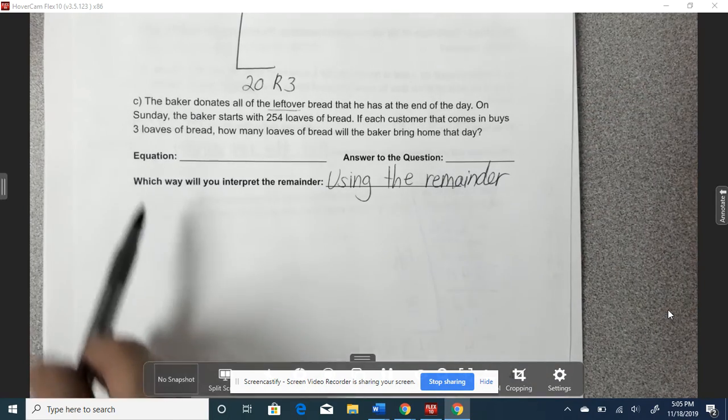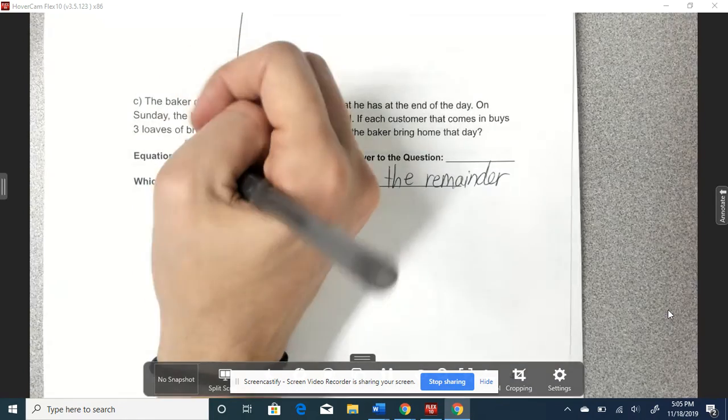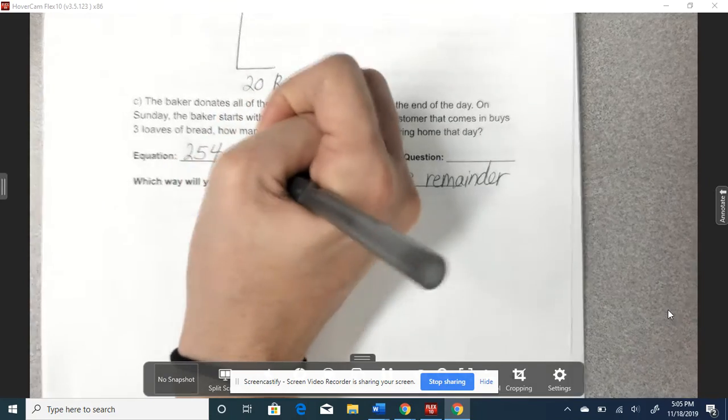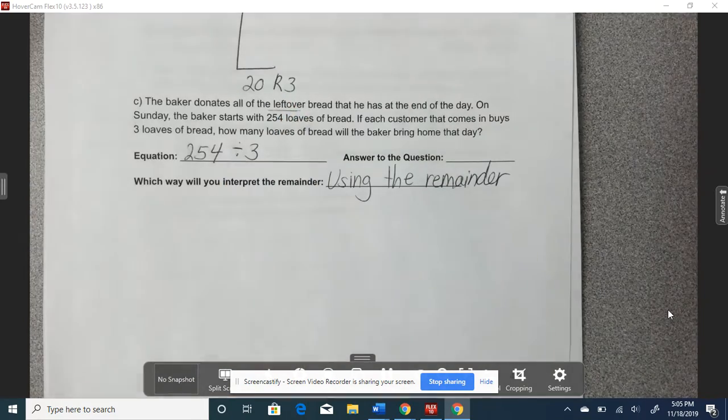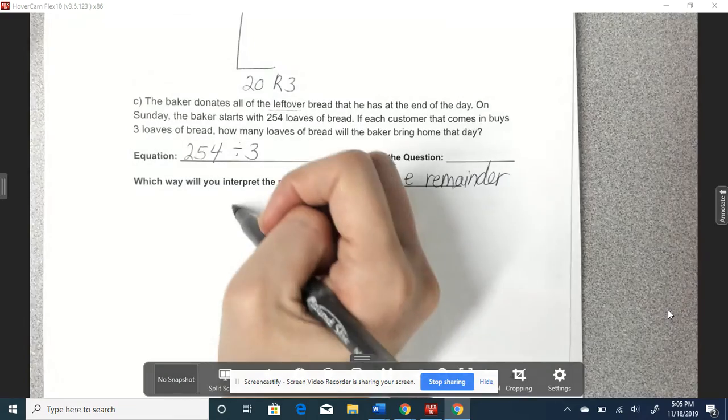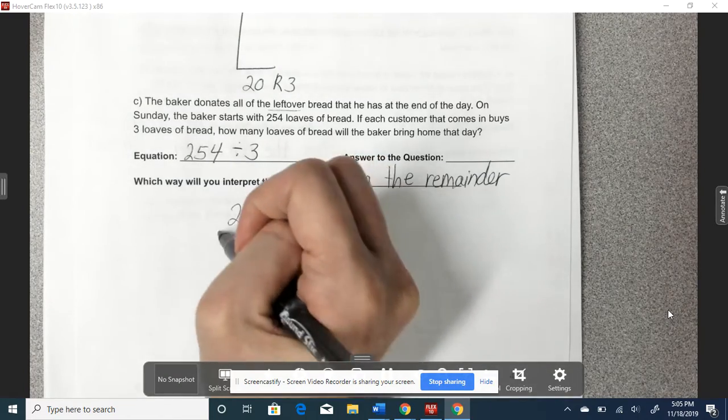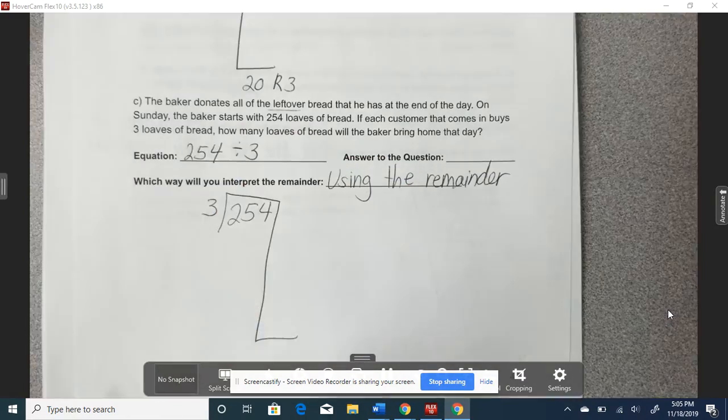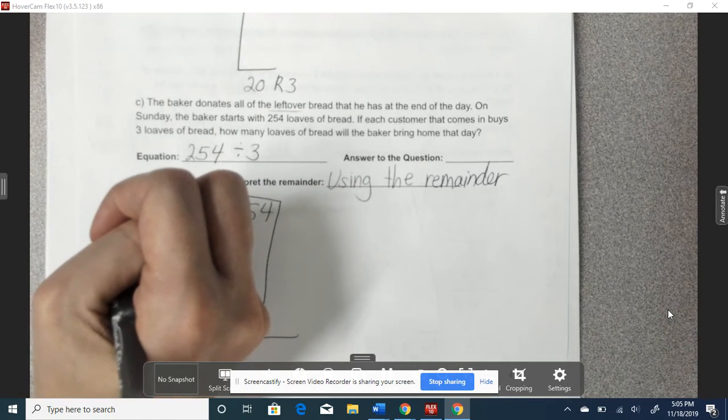Let's look at our problem to write in our equation. We have 254 loaves of bread, and each customer is buying 3 loaves, so we're going to be dividing by 3. We're going to set up our problem using partial quotients. All right, start over here by listing our multiples.